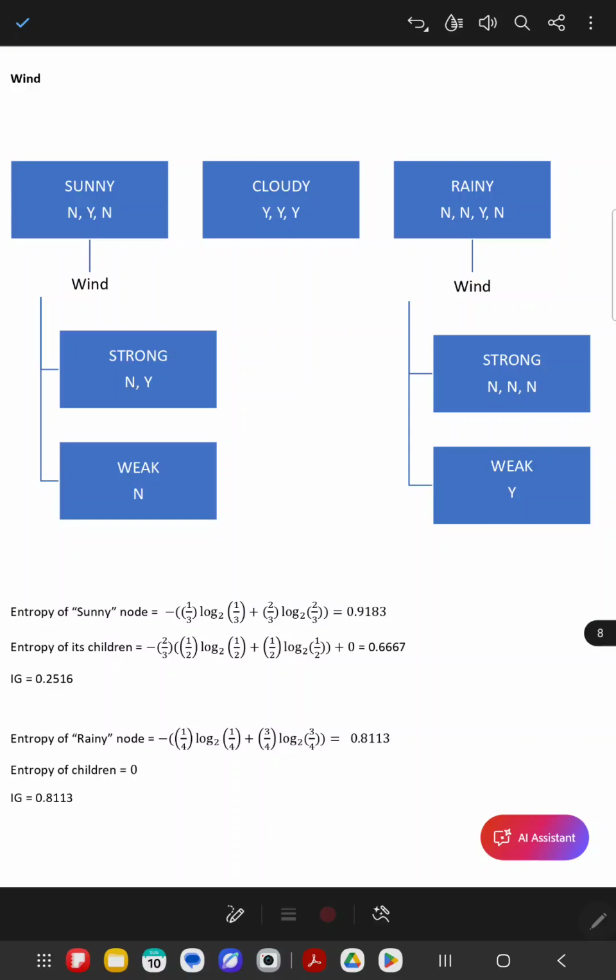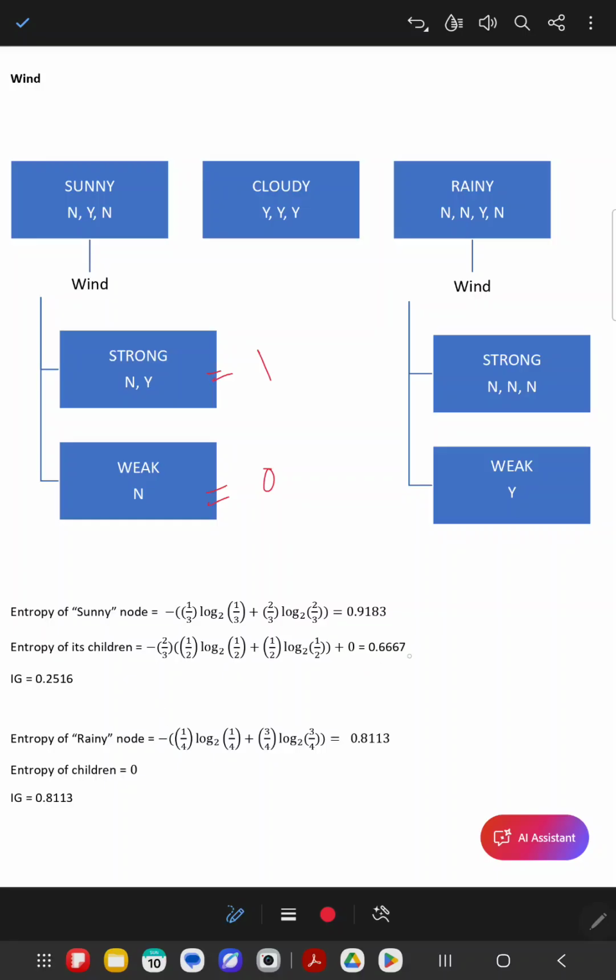and for sunny, for the child nodes, the entropy is this. As you know, entropy will be highest over here because one of them is no, one of them is yes, half. So entropy will be 1 over here, entropy will be 0 over here.